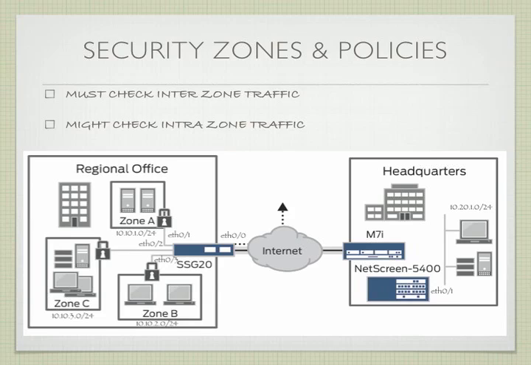Suppose you have a group of computers that you need to protect with an intra-zone policy, but you want them to be in the same zone as Zone A. What you can do then to make sure that traffic goes through the firewall is you can use that B group functionality that we talked about earlier, put two firewall interfaces into a B group, have a switch or a VLAN that connects to one set of those computers that have to be protected, and then the other port connects to all the other switches in the device.